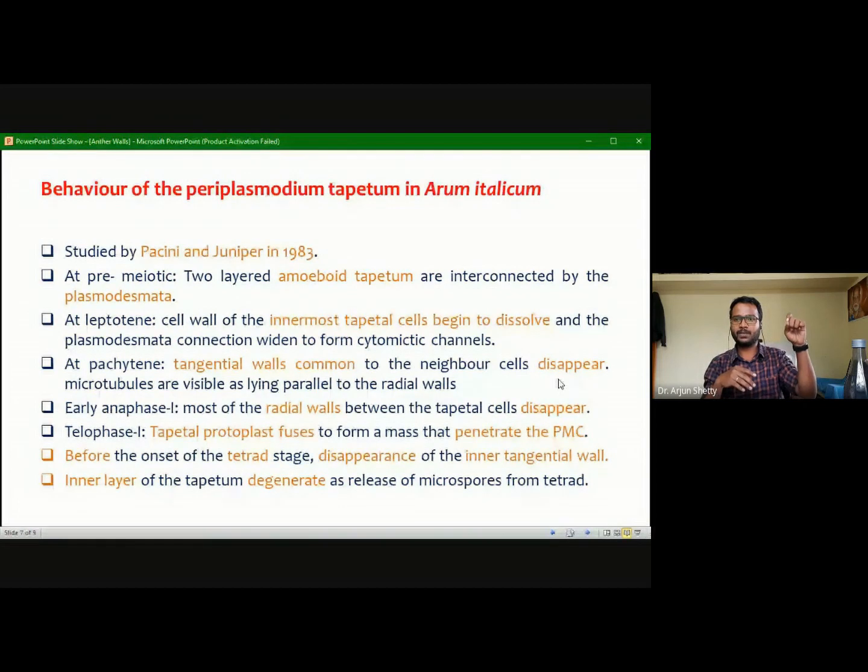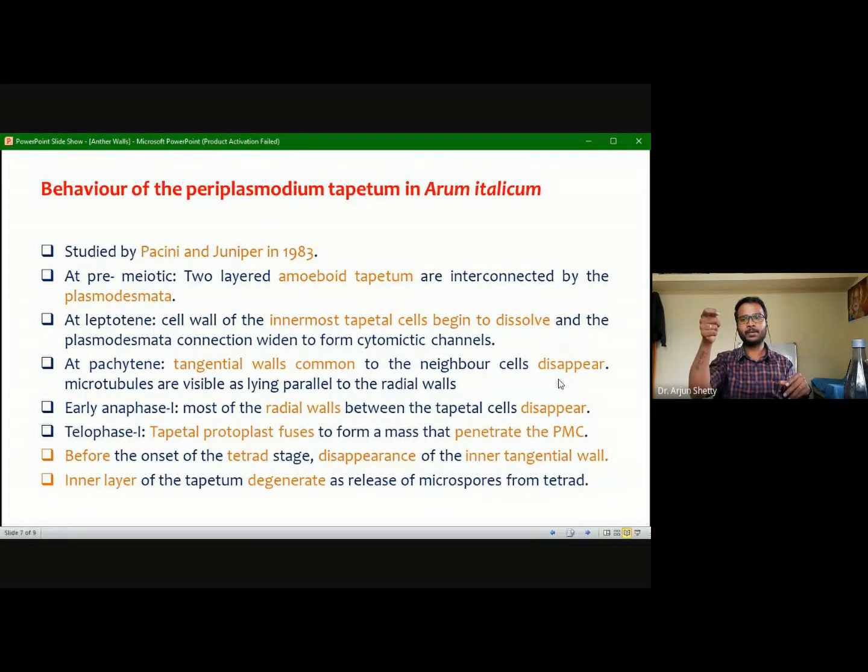As the microspore is not yet started, and they start preparing for the meiotic stage, the tapetal cells are going to be interconnected by the plasmodium, and they are going to become a union, a single tapetum.